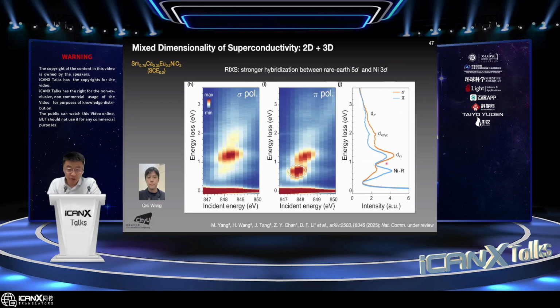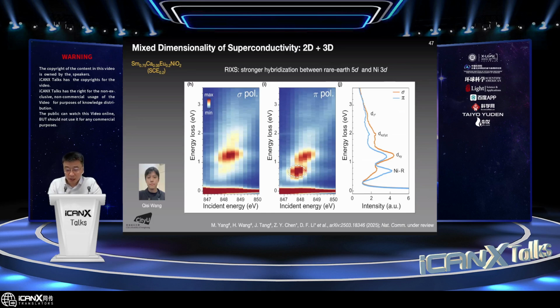So particularly, these X-ray scattering measurements show stronger hybridization between the rare earth 5d orbitals and the nickel 3d orbitals, marked by these key features in the resonant inelastic X-ray scattering data.